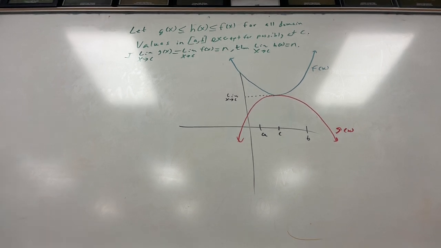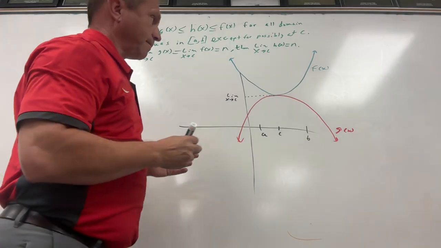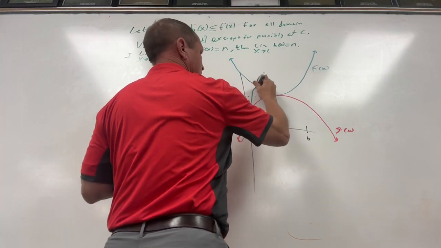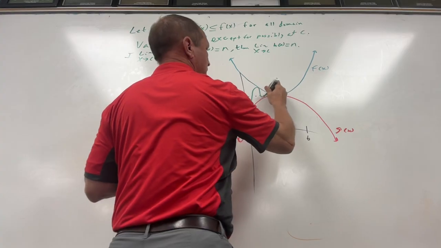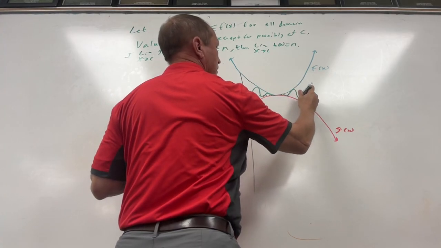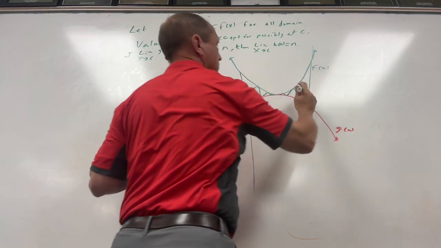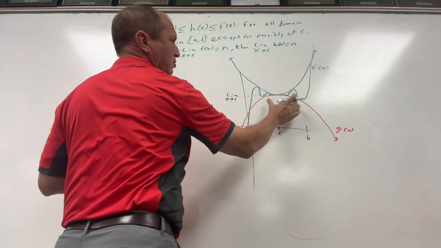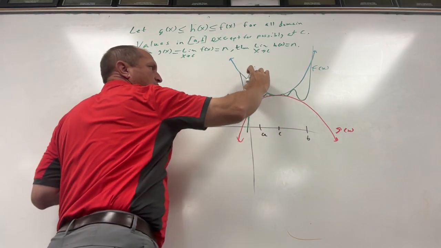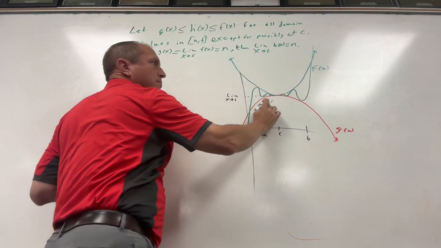Now, let's say we have some erratic function between the two. And this erratic function between a and b, always between a and b, is between f of x and g of x.